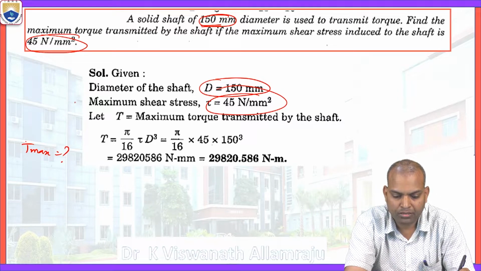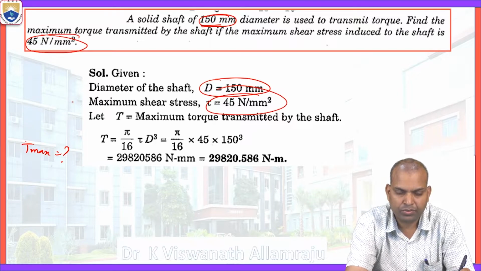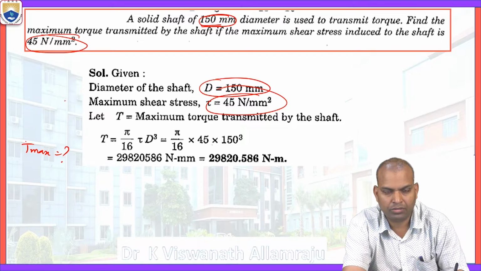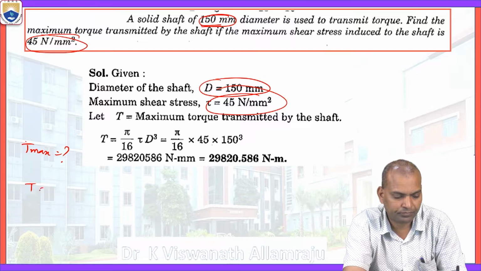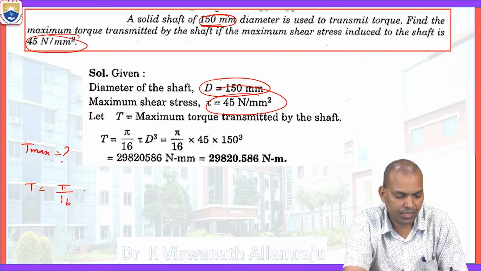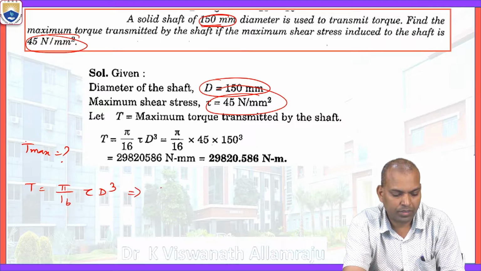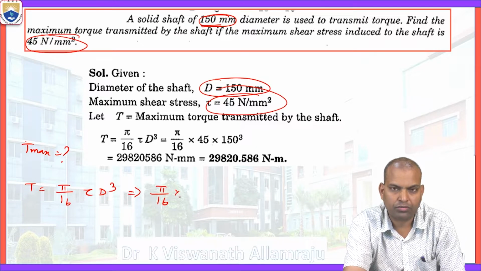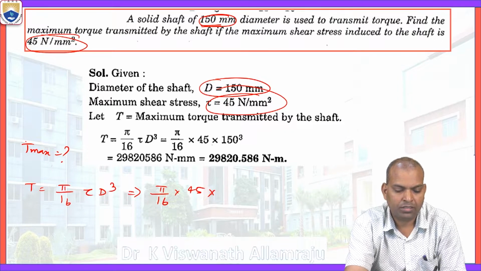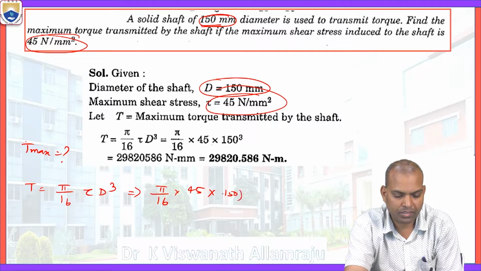So the formula was derived in previous sessions, that is T equal to pi by 16 times tau d cube. That equals pi by 16 times the tau, which is 45 Newton per square millimeter, and the diameter of the shaft given is 150 millimeters cubed.